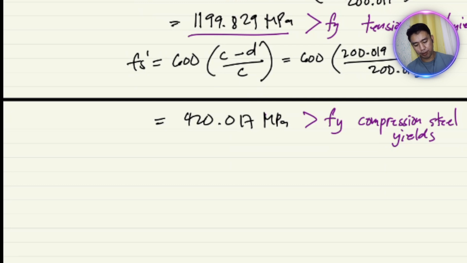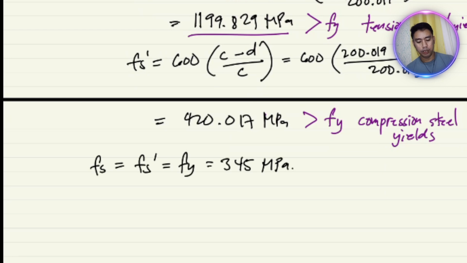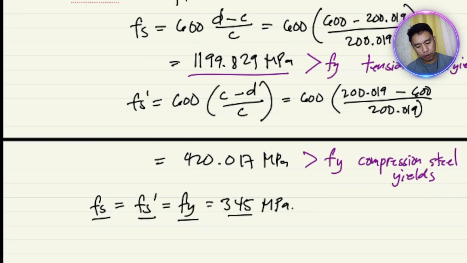Minsan lang yan maging correct yung mga assumptions. So, Fs is equal to Fs prime equal to Fy, which is equal to 345 megapascal. So, ang equation natin sa pag-solve natin mamaya ng VMN, ang value ng Fs at saka Fs prime is equal to Fy, which is 345 megapascal.